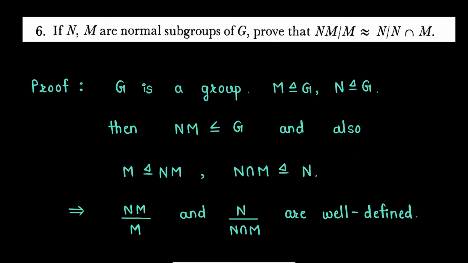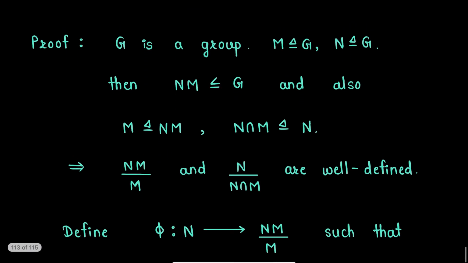You can see the proof from there. Now, as M is a normal subgroup of NM and N intersection M is a normal subgroup of N, NM over M and N over N intersection M are well defined, that is, these both are quotient groups.